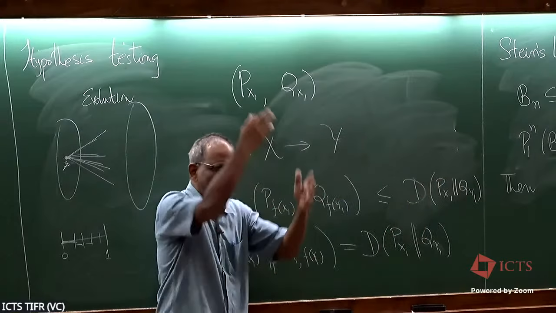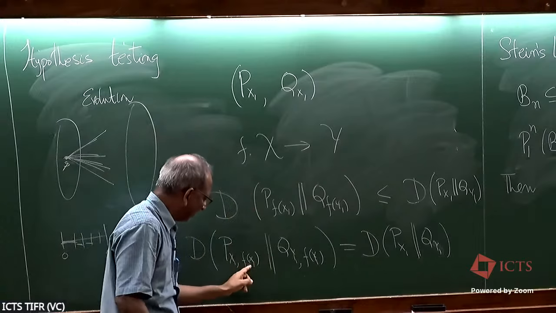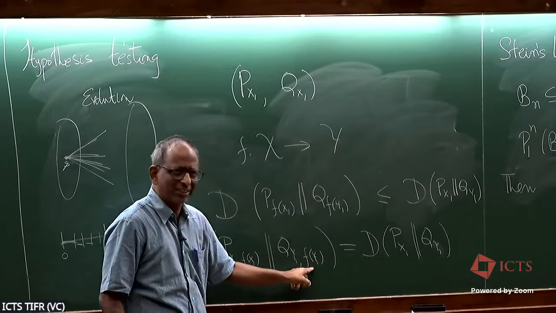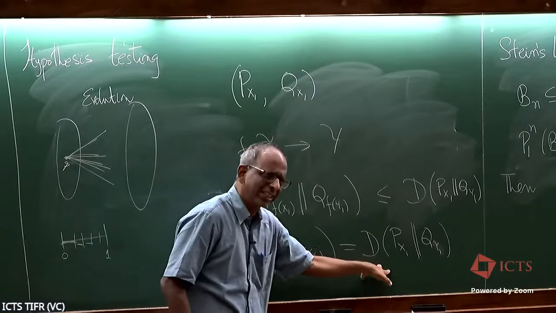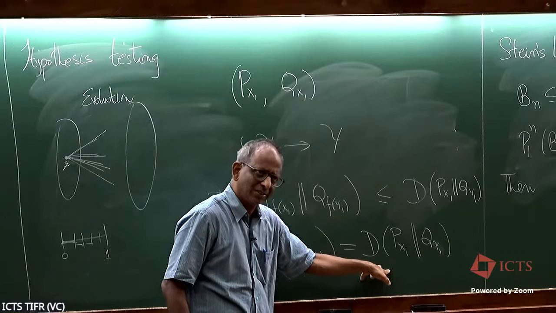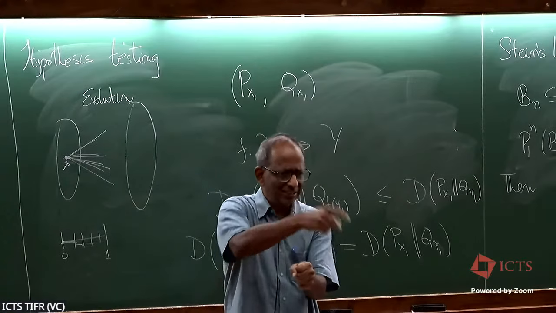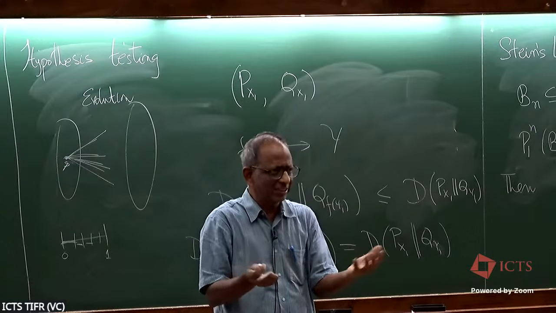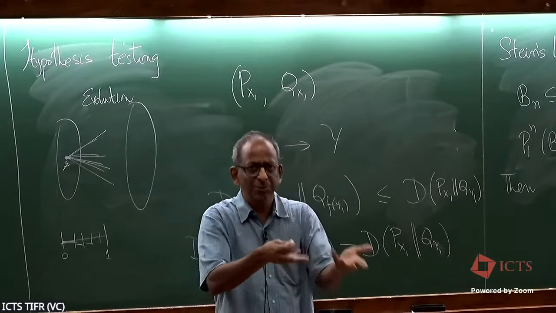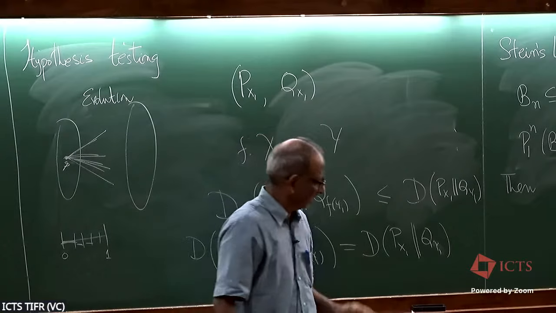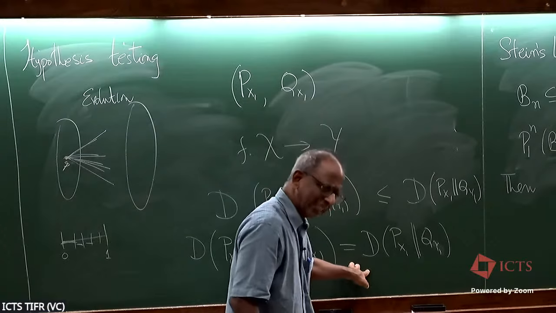Now, the probability distributions are not changing. Putting this f next to it doesn't change anything, so this quantity is exactly equal to this. Just taking some value and deterministically tagging it is not going to change anything, because the value could always have been computed. It is not some special extra information. You just write down the formula and check that this will be exactly equal to this.